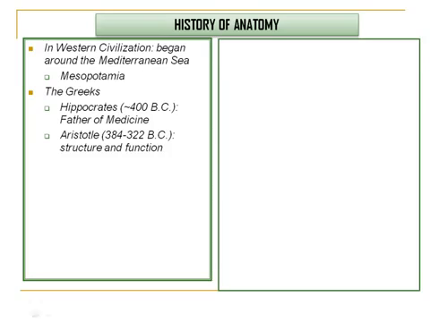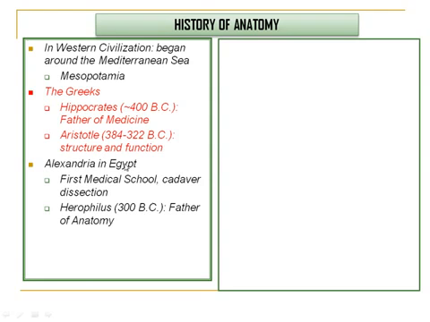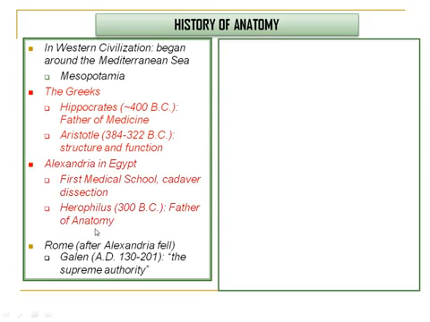Like Hippocrates, a Greek philosopher, who is also known as the father of medicine. Aristotle studied the structures and the function of the human body. In Egypt, the first medical school was established where cadaveric dissections were performed. And the Egyptian Herophilus is known as the father of anatomy.